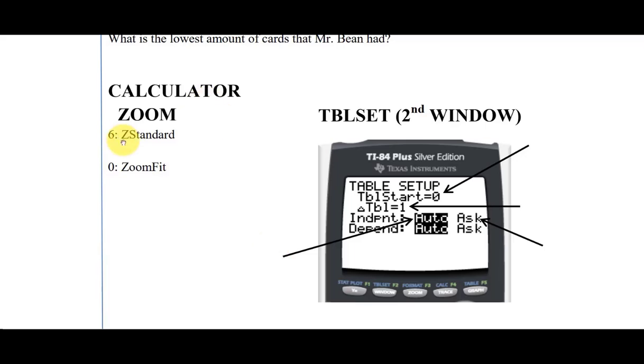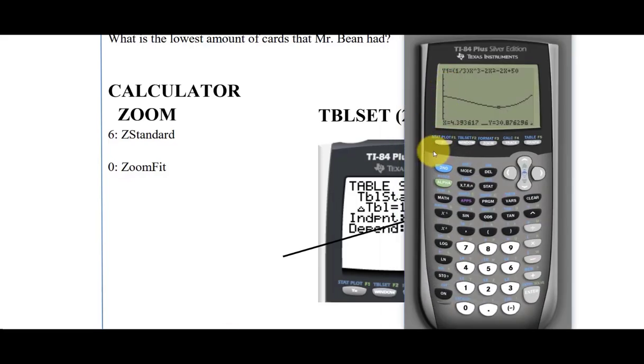All right, so right here we did talk a little bit about Zoom Standard. We didn't talk about Zoom Fit, and I want to talk about Zoom Fit. So if I pull up my calculator again, I have the same function in my y equals. I'm going to go to my Zoom button, go up, and it'll say Zoom Fit, which is 0.